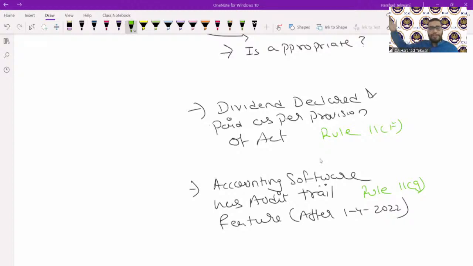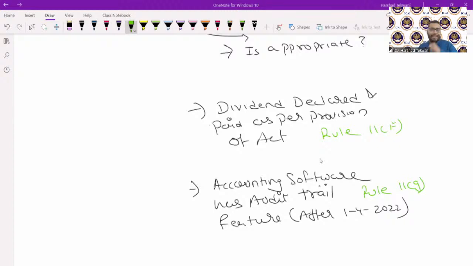From the creation of the journal entry to the posting of the journal entry, not only journal entries but all transactions. Let's say a sales invoice, from the creation of the sales invoice to the posting to the accounting software, a trail is maintained, which ensures that no unauthorized changes to any entry, maybe journal entry, sales entry, or purchase entry, have been made to the books of account.